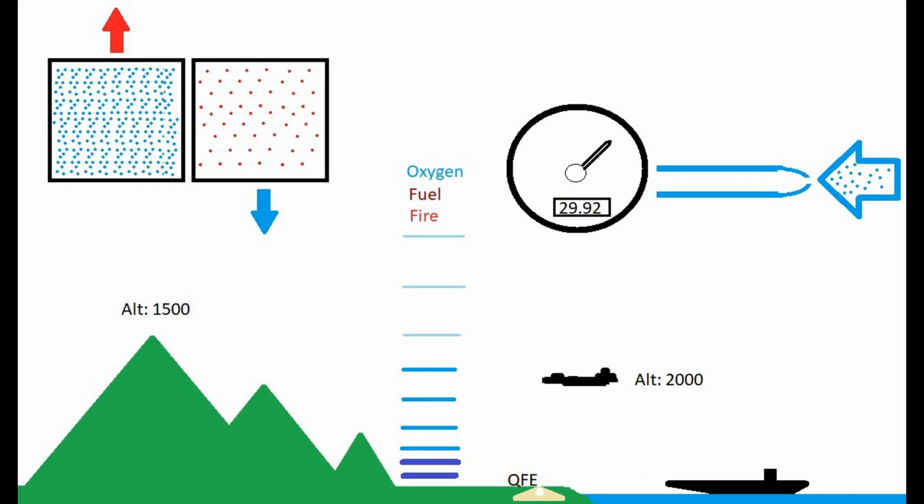It just reads the differences. So you need to tell it what the atmospheric pressure is in order for it to tell the difference of altitude that you're at. So when you're on the ground, you can dial in QFE, which is the airfield height.